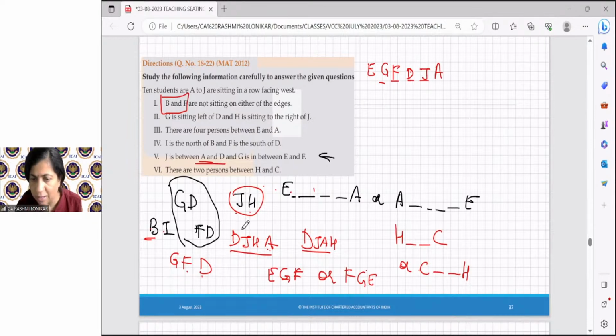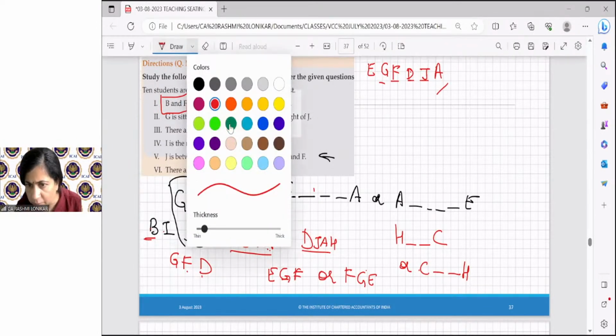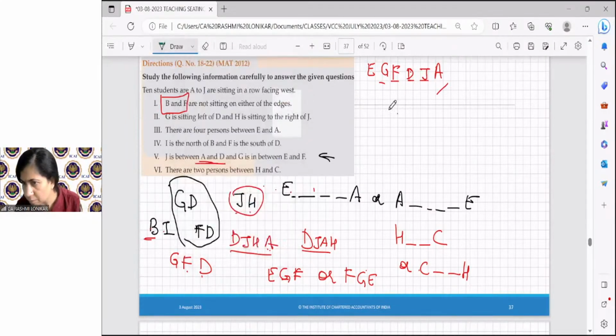Now, I have BI, I have JH. So J is going to lie between what? Now let me change the color. J and A. Now I must have J and H. So where will I put my H?